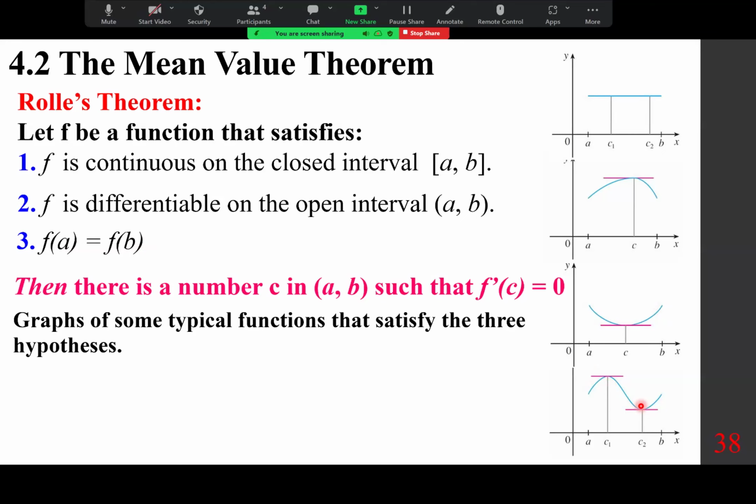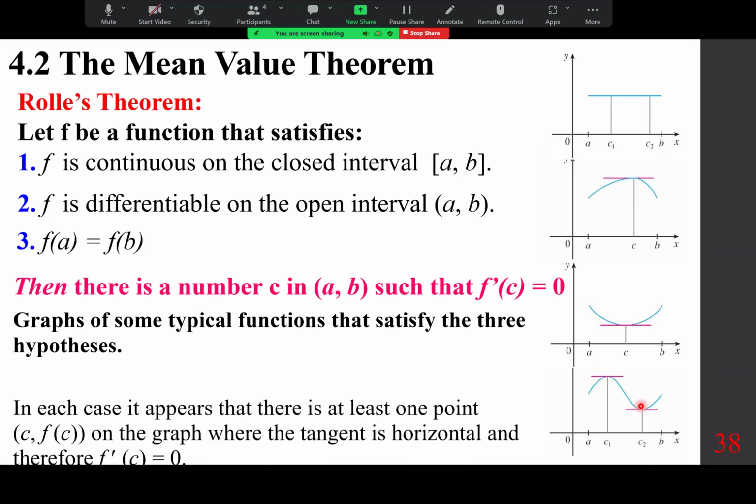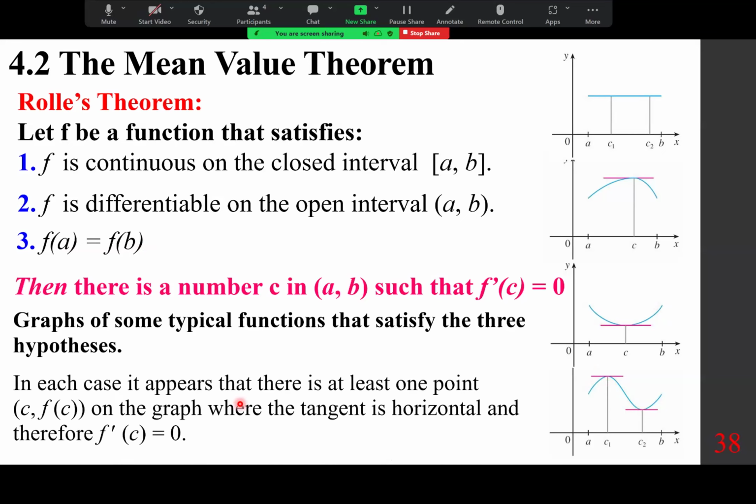In this case, we have two possibilities. In each case, it appears that there is at least one point with coordinates c comma f of c on the graph where the tangent is horizontal and therefore f prime becomes 0. That's the idea of Rolle's theorem.